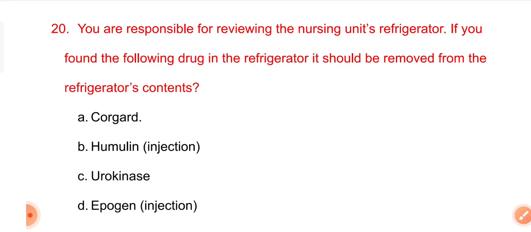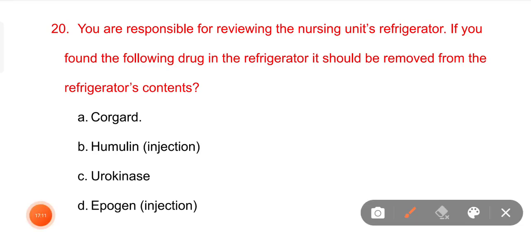The options are: A, Cardace; B, Humulin; C, urokinase; D, Epogen injection. The right option is Cardace. Cardace is a drug of choice in the case of hypertension.